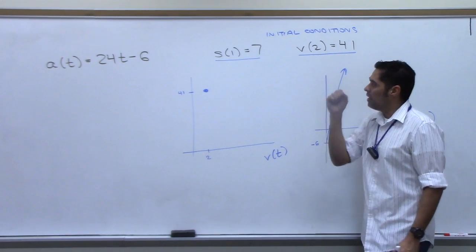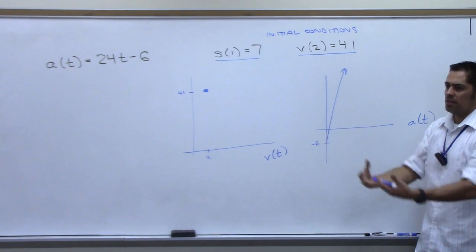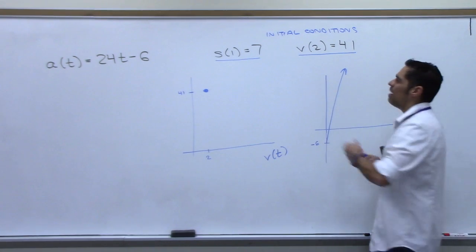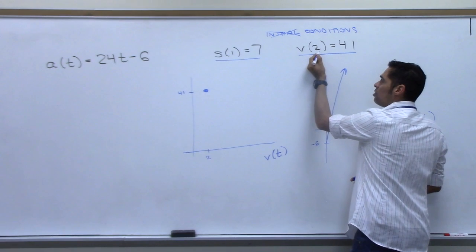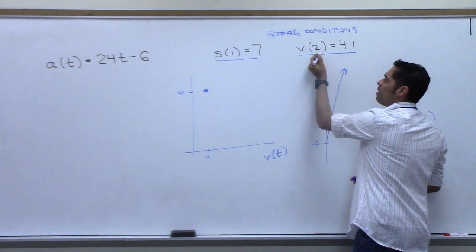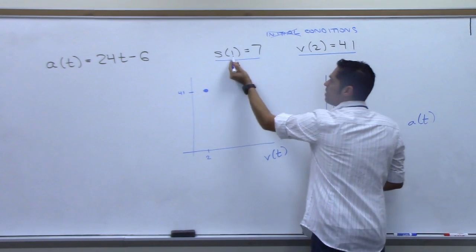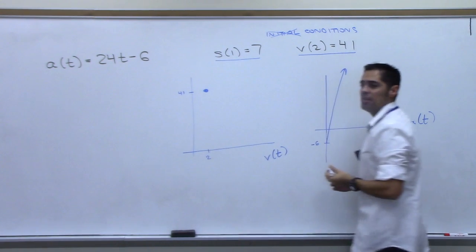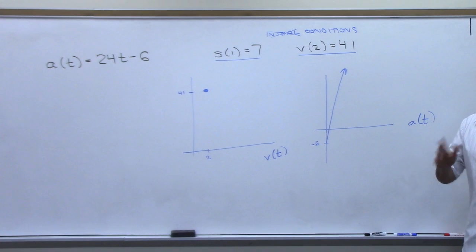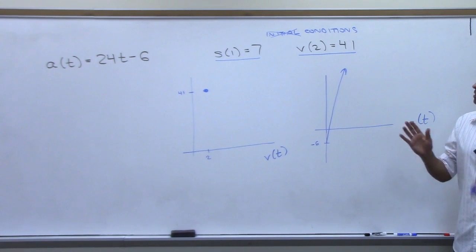It's the start at the very beginning, at time equals 0, it's the condition you have. In this case, it's not really an initial condition. I'm telling you that at 2 seconds, the velocity is 41, and at 1 second, its position, S is position, is 7. Do you see why initial isn't really a good word for this?